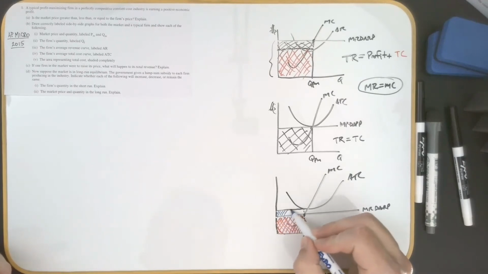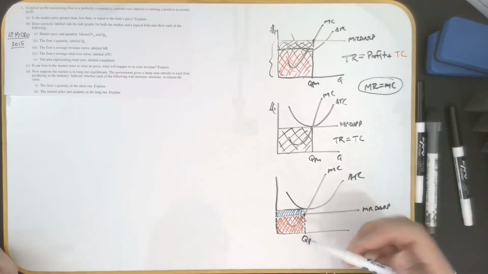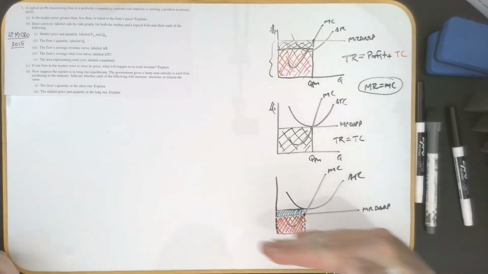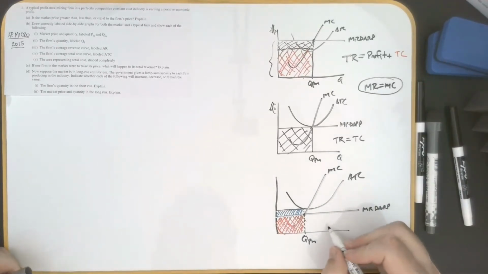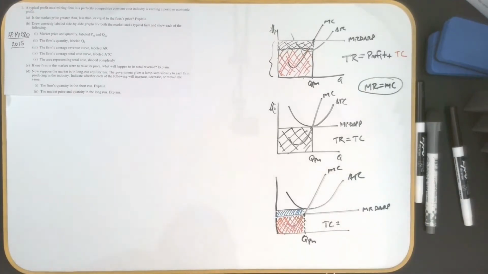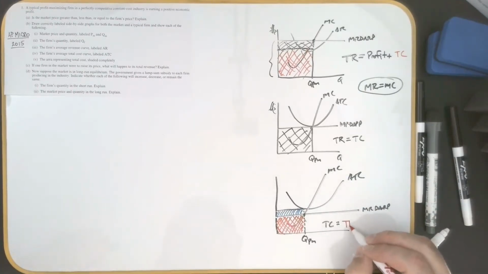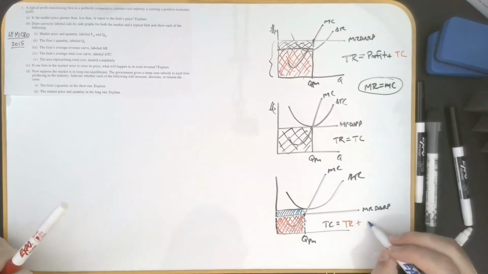This in blue, this is your loss. And the reason we're losing money is our costs are higher than our revenue. We're bringing in less money than it's costing us. So this one works a little bit different. On this one, we would say, well, our total costs would be equaling our total revenue in this situation, plus the losses.